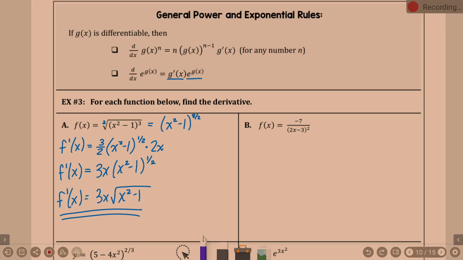Okay, B? What are you doing first? Fixing it. And what does he mean fixing it? Negative. It would become like... Because it's still negative second power.